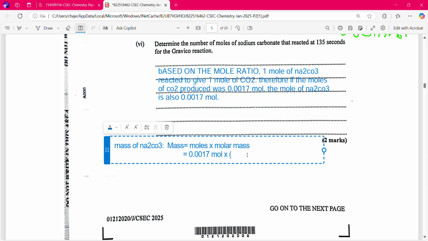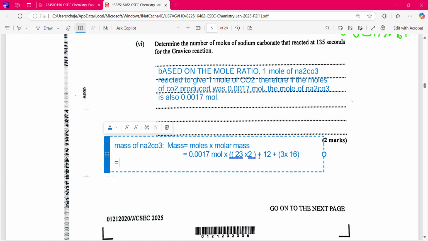So it's 23 times 2. This would have been a double bracket here. Plus 12 plus 3 times 16.